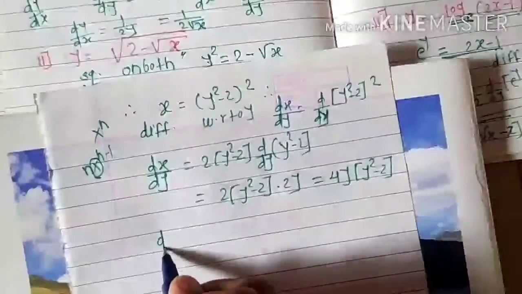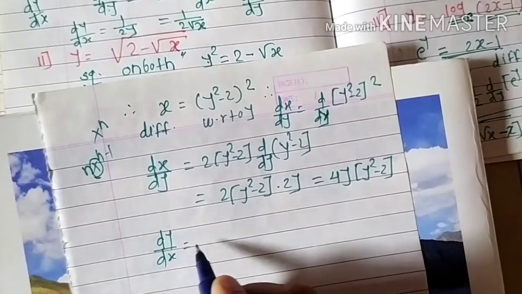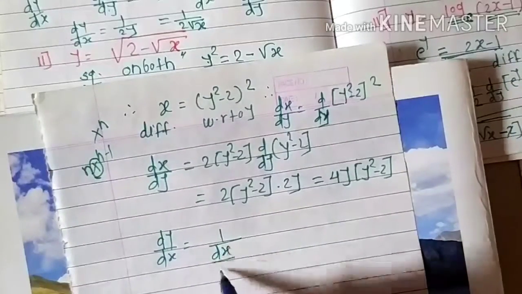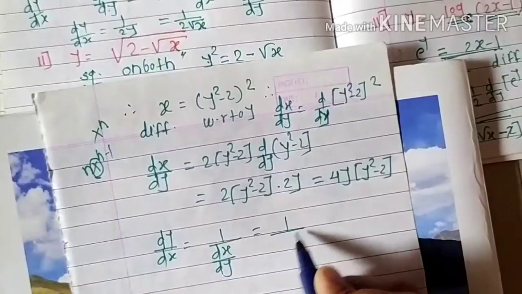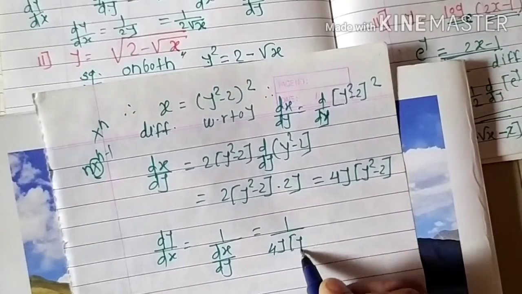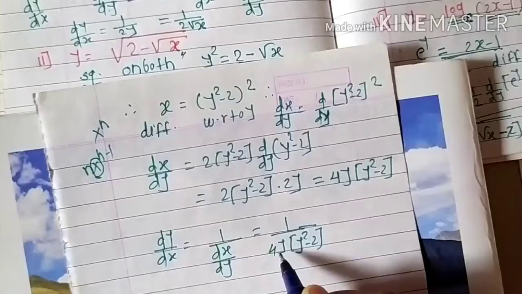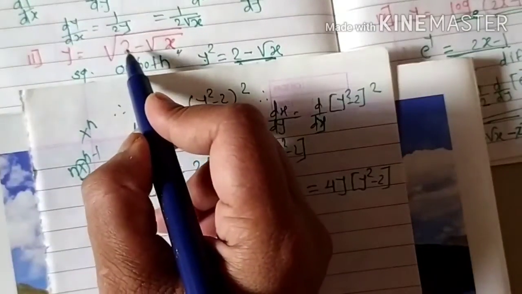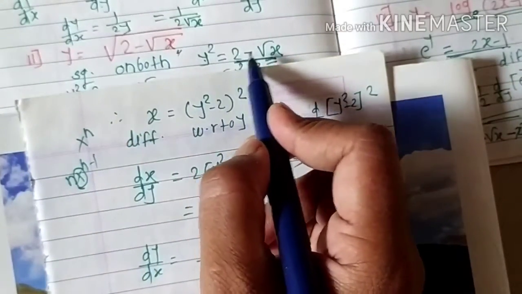But what we want is dy by dx, which is equal to 1 upon dx upon dy, that is 1 upon 4y into y square minus 2. Then we substitute the value of y as root of 2 minus root x, and y square as 2 minus root x.